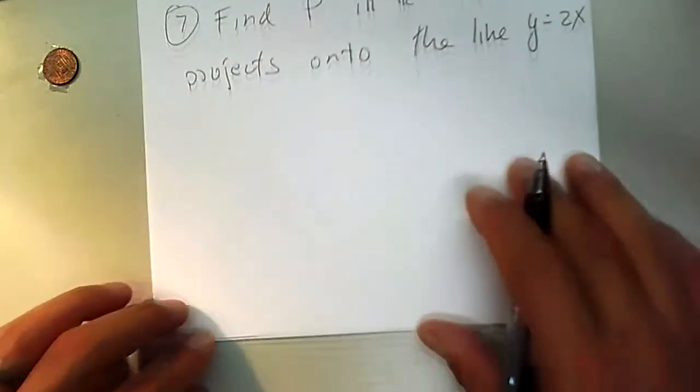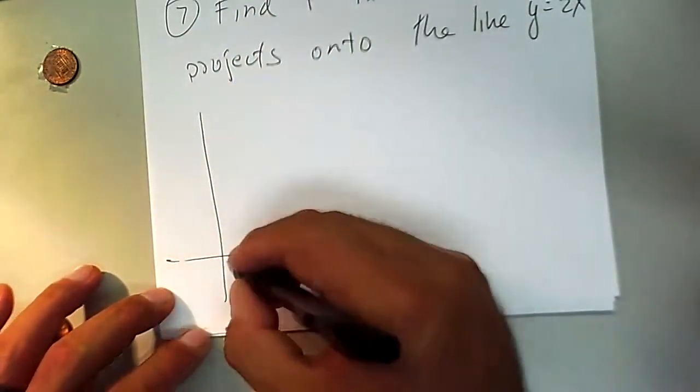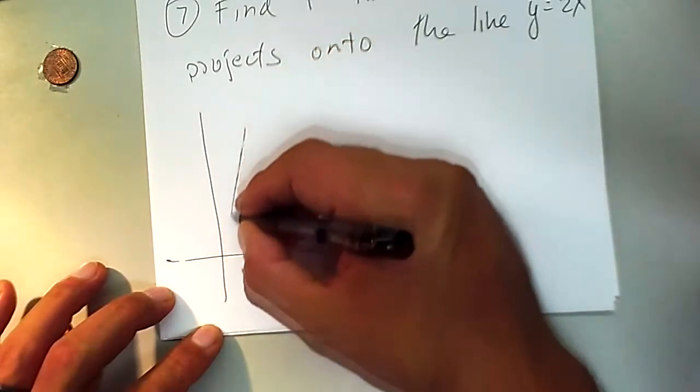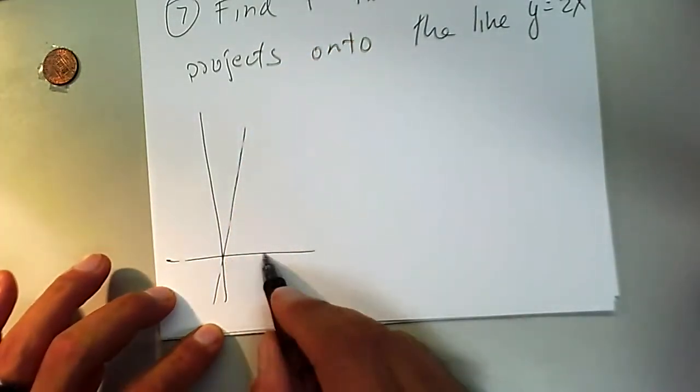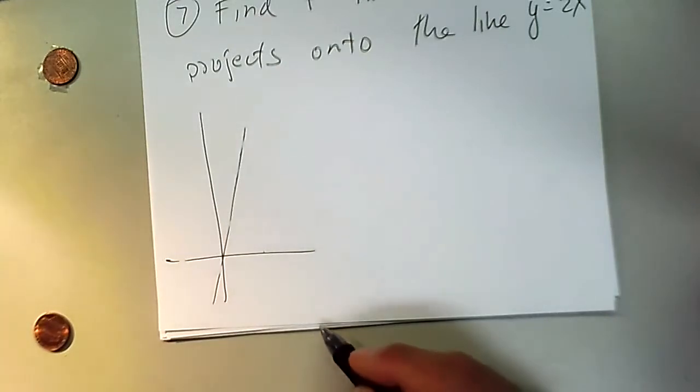Okay, so now we got a new problem. The line is steeper. It's a 1-2 kind of ratio.